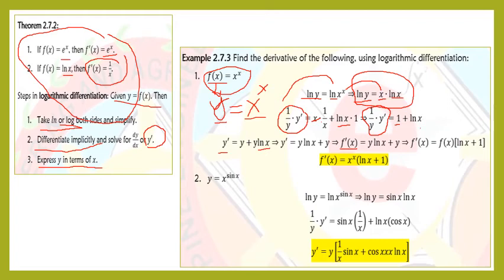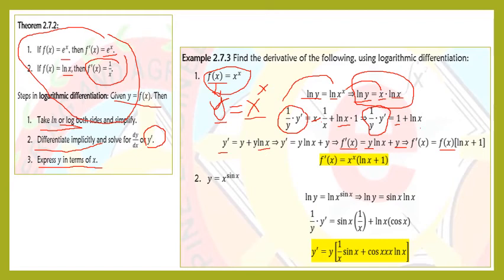Okay, kaya ito naging f of x times ln of x plus 1, kasi diba si y at saka si y dito, like terms man sila, no? Okay. And then, pinactor out siya, so we have y times ln of x plus 1 na lang, no? And then, since si y kasi is equivalent siya kay f of x, so that's why f prime of x times ln of x plus 1.